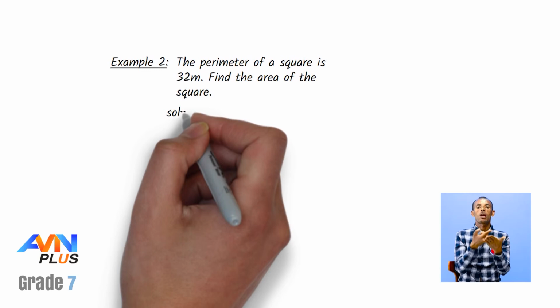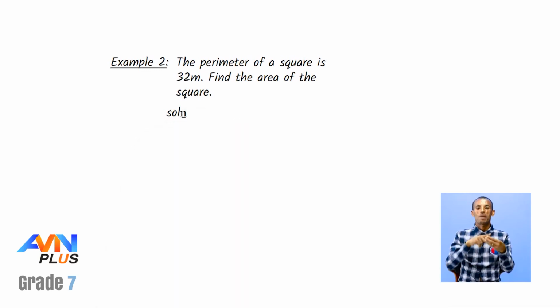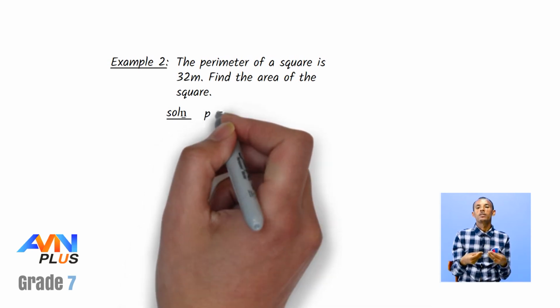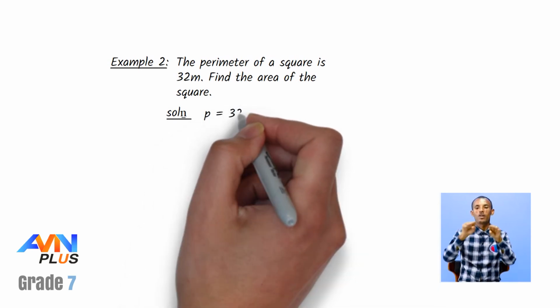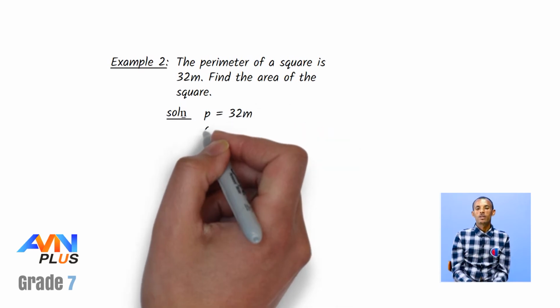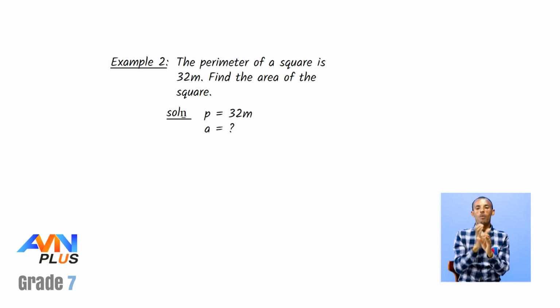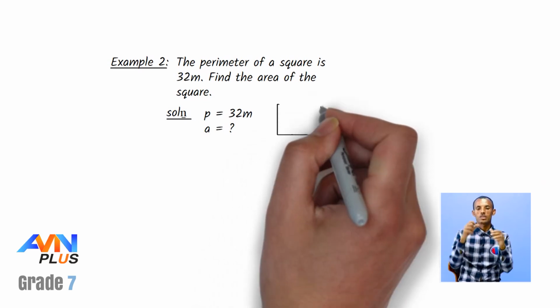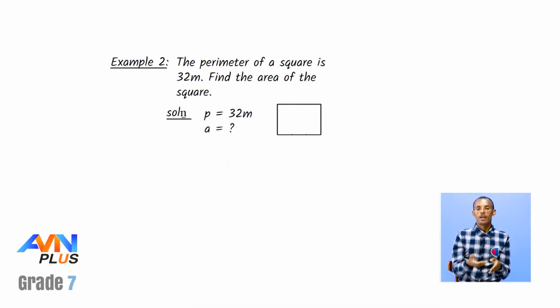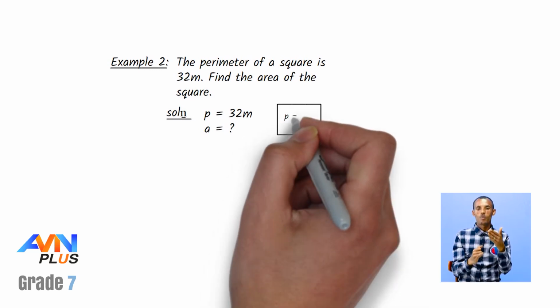Here, the perimeter of the square is given to be 32 meters. And we are asked to calculate the area of this square. So let's draw the square.